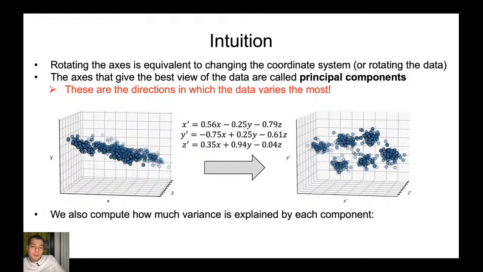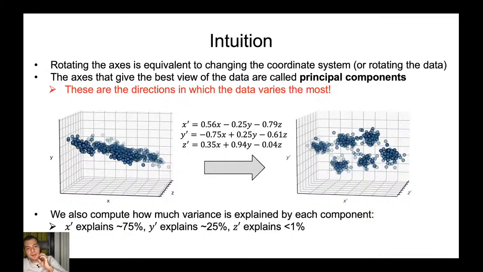As I said, we can look at the variance that is explained by each component, and after we apply this transformation, we can see that the first axis, the most important one, explains most of the variance. Then the second axis explains most of the variance from the remaining, and so on.